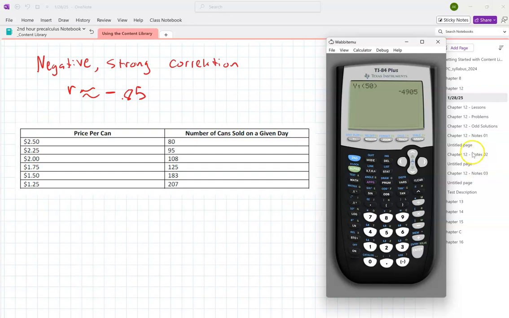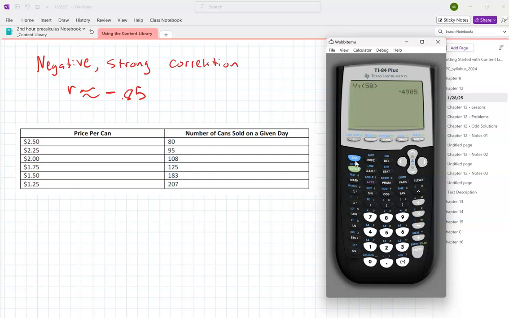Which is not what it did. Why did it not do that? Oh, it's because that's $50, right?